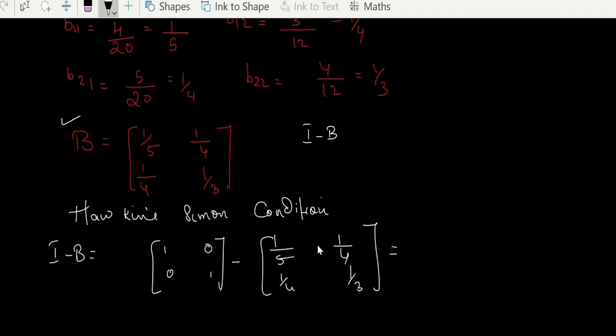So 1 minus 1 by 5 is 4 by 5, minus 1 by 4, minus 1 by 4, and this is 2 by 3. So it is positive here. The main diagonal elements are positive. This is the main diagonal.